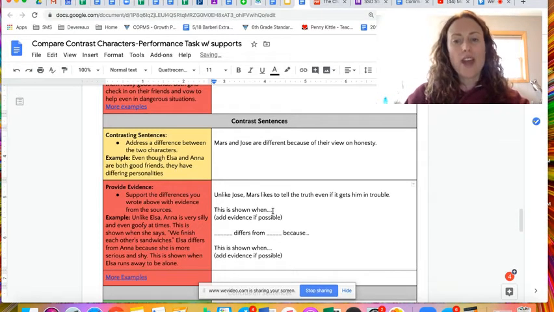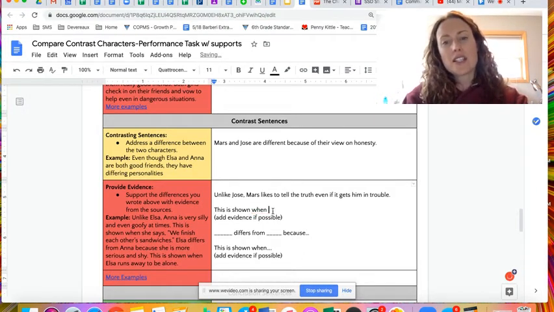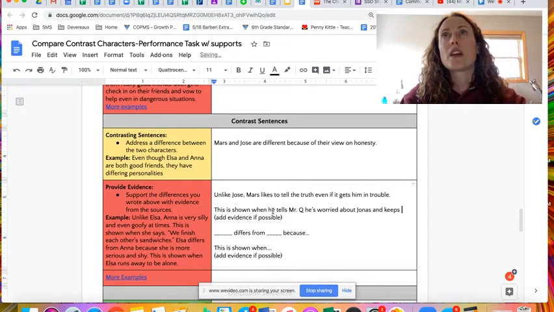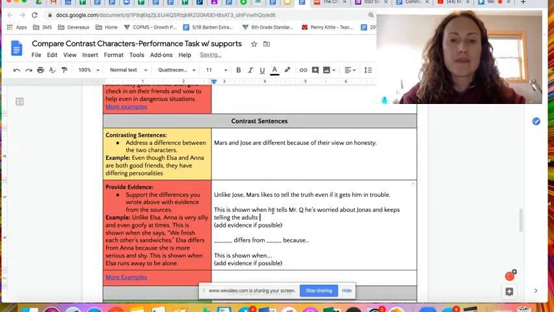This is shown when, and I always delete those lines, when he tells Mr. Q he's worried about Jonas and keeps telling the adults something is wrong with his disappearance.